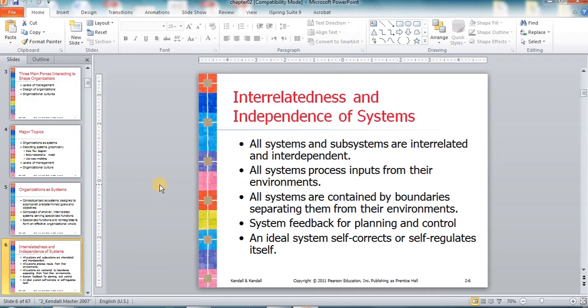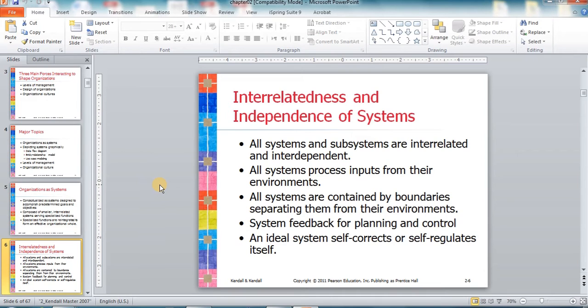In general, any system that exists processes inputs from its environment. It takes inputs, then it performs certain operations and functions on these inputs, and then it produces certain outputs, which are the outputs of the system.